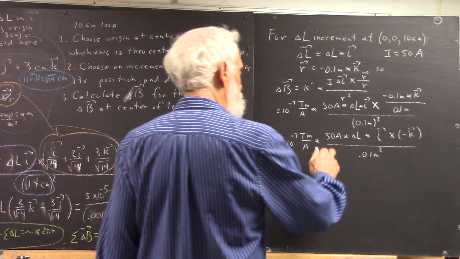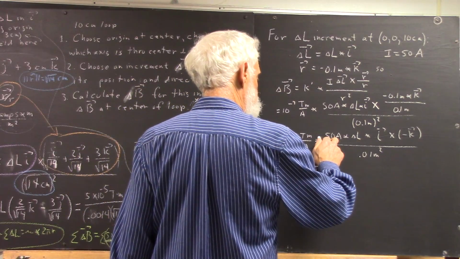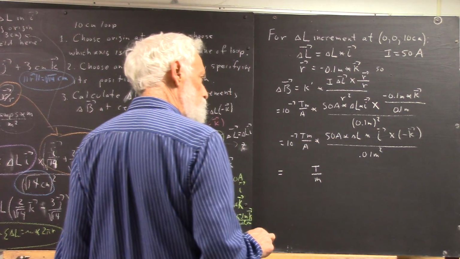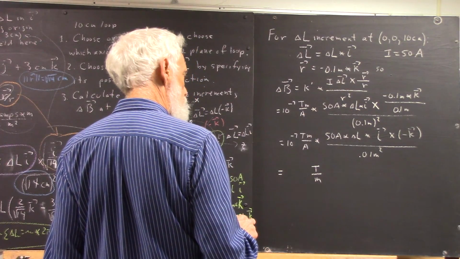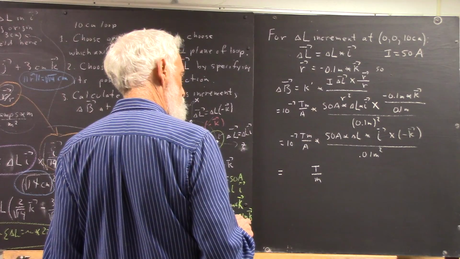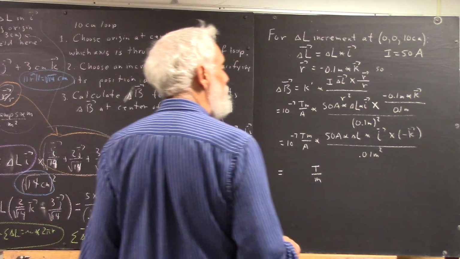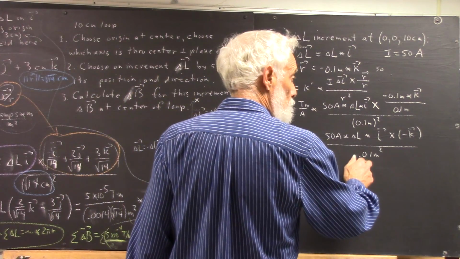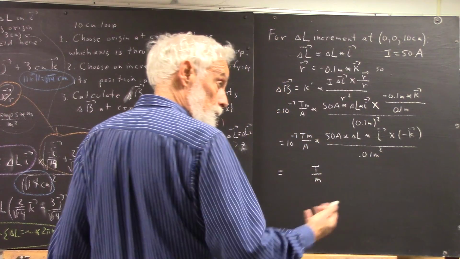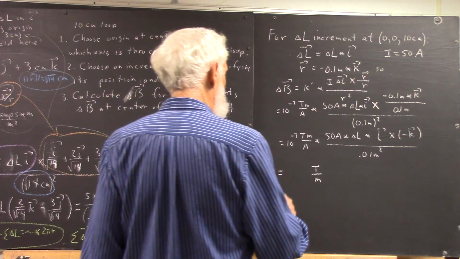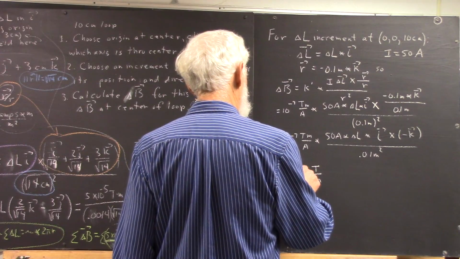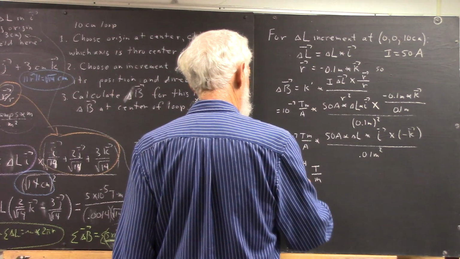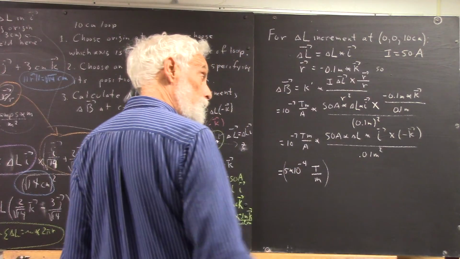And then it's going to be 50 times 10 to the negative 7th, which would be 5 times 10 to the negative 6, divided by 0.01, we're multiplying by 100 essentially, which is 10 to the second. So we end up with 5 times 10 to the negative 4th for our numbers.